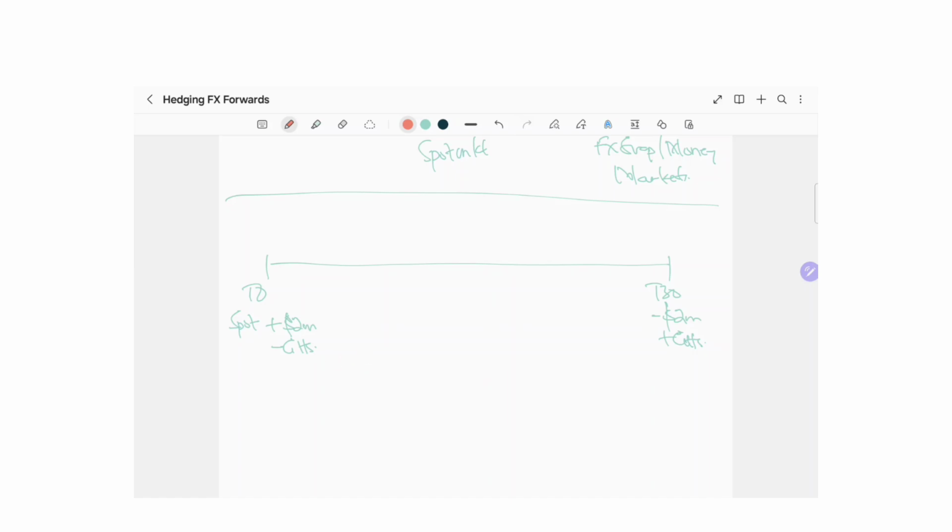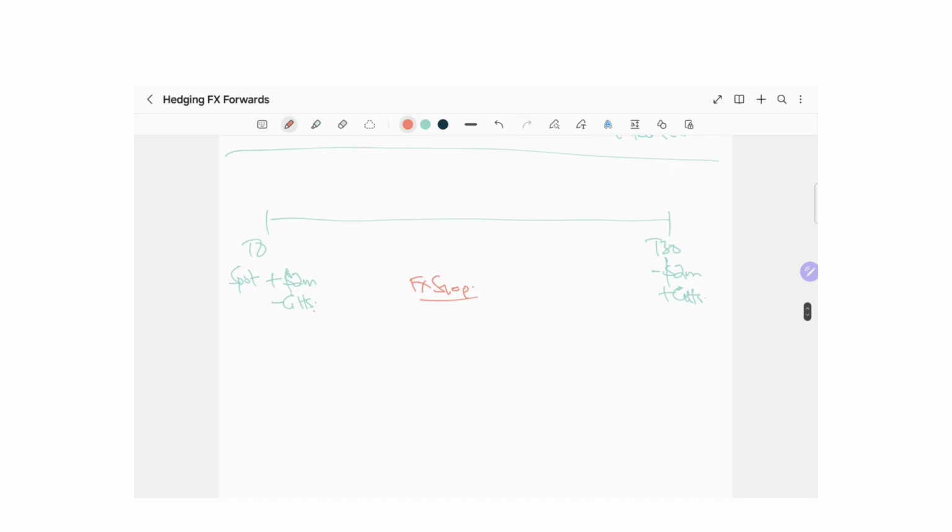Now we have to use an FX swap to move this into the future. So with the 2 million that has been received, with a swap, we all know what a swap is, where you exchange one currency for the other in the first leg and you reverse it in the second leg.